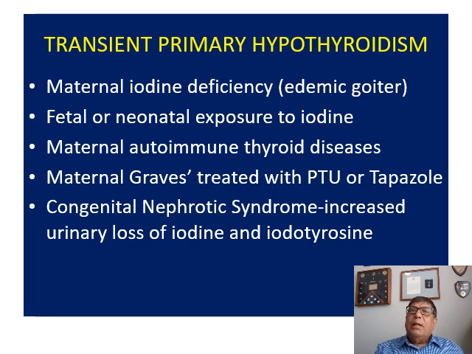Transient primary hypothyroidism may occur, and that's called endemic goiter, in people who live in an area where there is a significant shortage of iodine in their food. If the fetus has been exposed to iodine, such as painting the abdomen, British studies have shown that using an iodine preparation for C-section can give transient hypothyroidism.